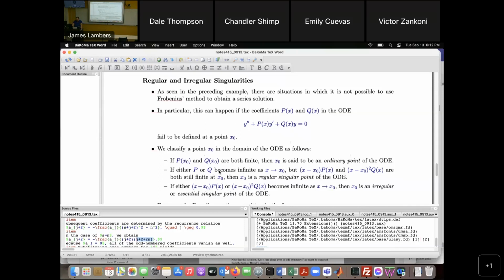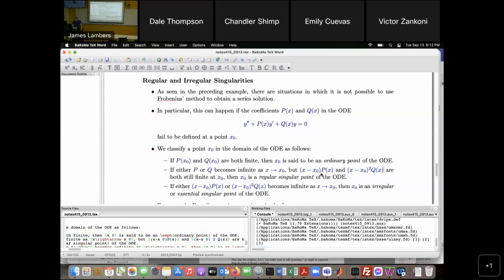So if p or q goes to infinity at a certain point, x naught, but this expression is finite, or if this expression, or both of these, are finite, that's called a regular singular point. For example, if x naught is 0 and p of x is 1 over x, then x times p of x is 1. So it's not too strong of an asymptote, basically, is what we're saying.